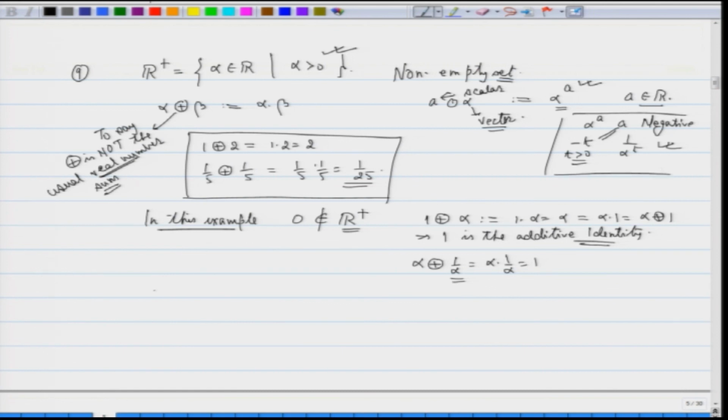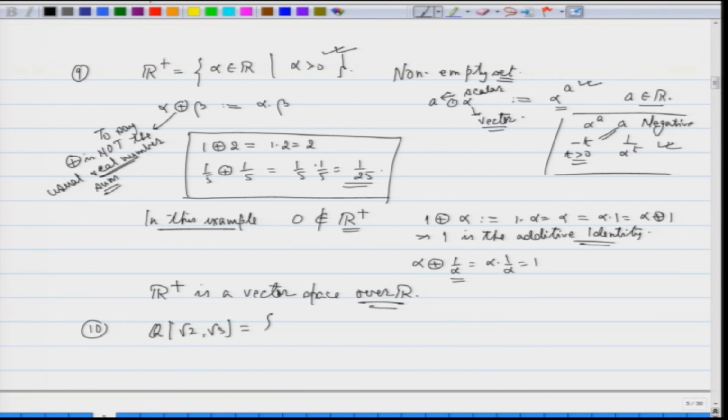So, you can show that R plus is a vector space over R. Again, you can make it a vector space over rationals and over anything, but importantly, this is a different vector space than all the vectors that I have looked at. There are other vector spaces also, the 10th, I will just give you the last one. I can think of this space Q of root 2 and root 3.